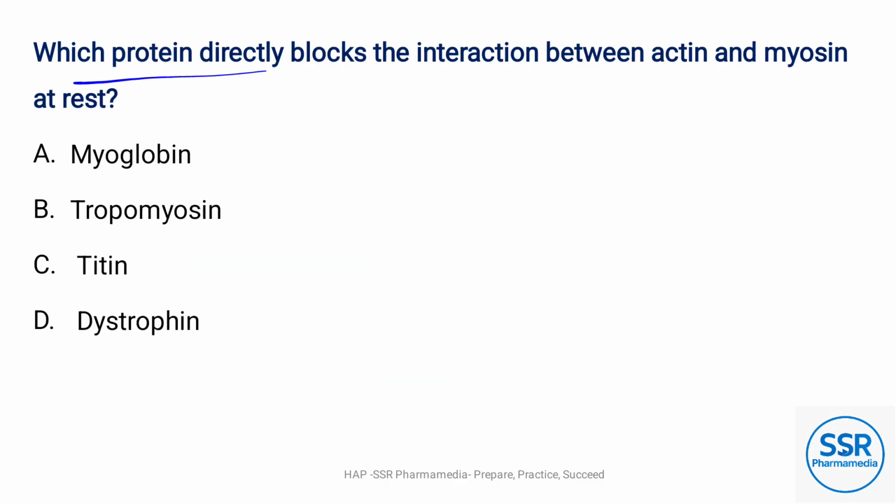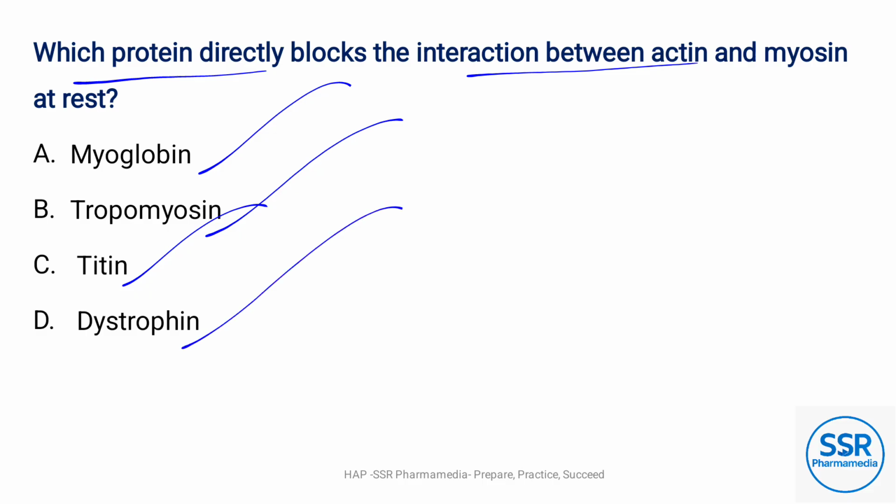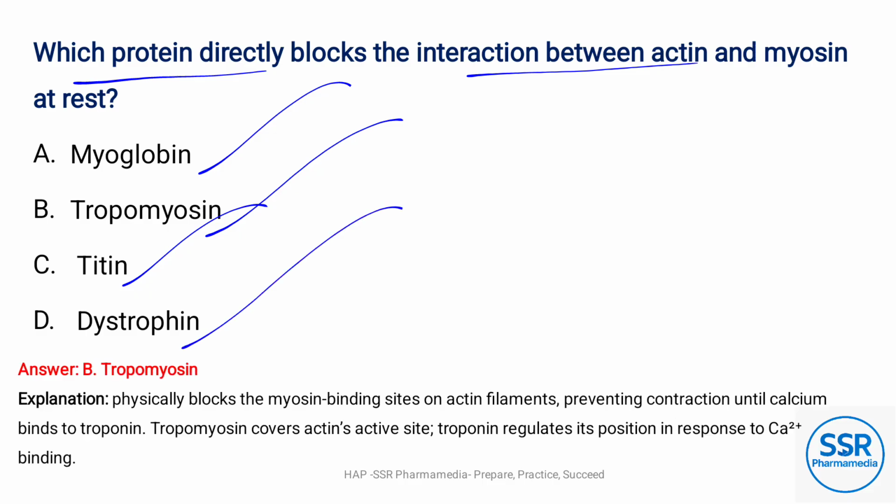Next, which protein directly blocks the interaction between actin and myosin at rest? Option A, myoglobin. Option B, tropomyosin. Option C, titin. Option D, dystrophin. So the answer is option B, tropomyosin.